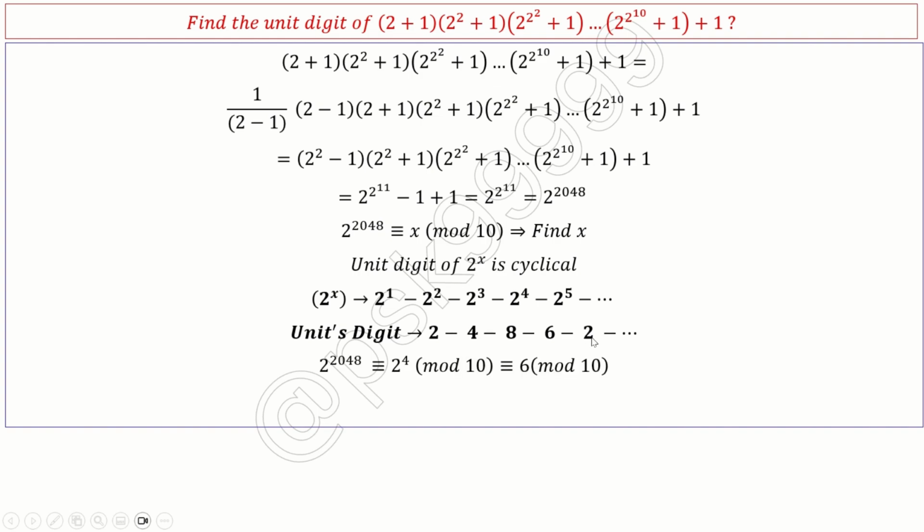So 2 to the power of 2048 is congruent to 2 to the power of 4, because cyclicity is 4 and 2048 is divisible by 4. So I just need to find 2 to the power of 4 mod 10, which is nothing but 6. 6 mod 10 is 6. So the units digit is 6. That's the answer. Okay. Next.